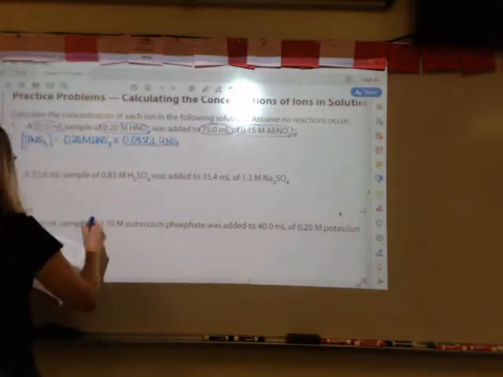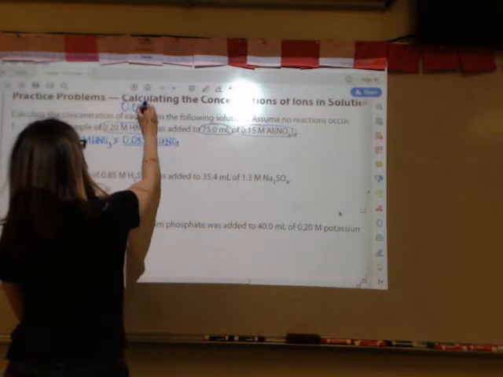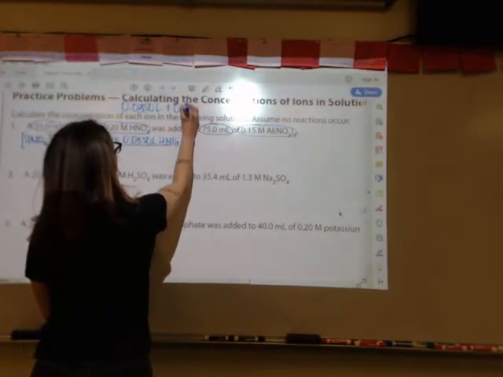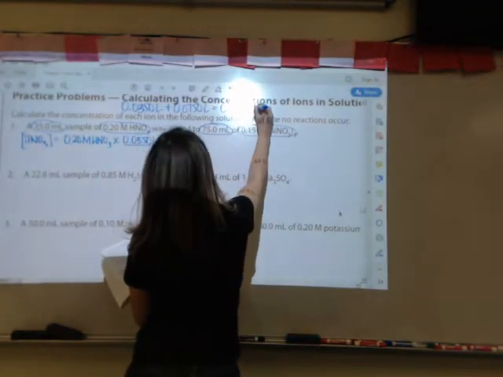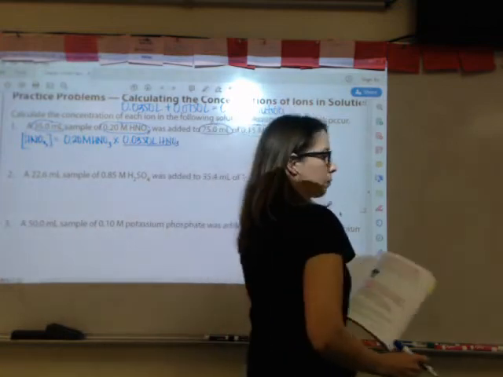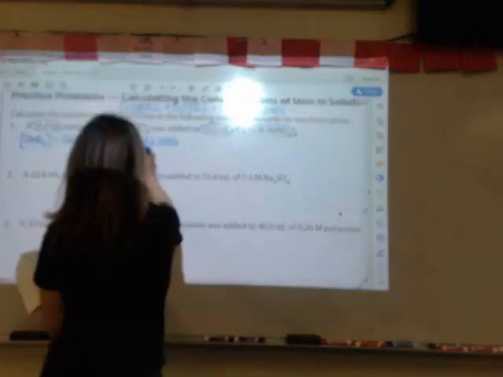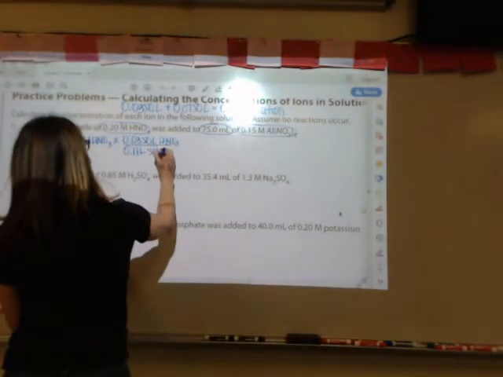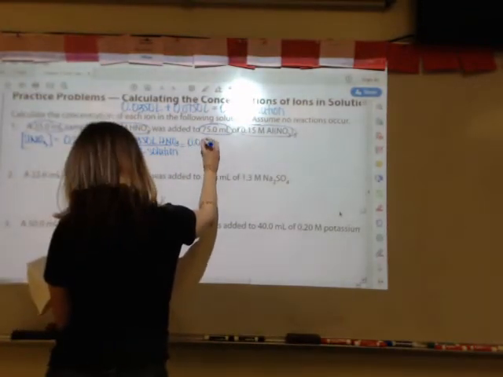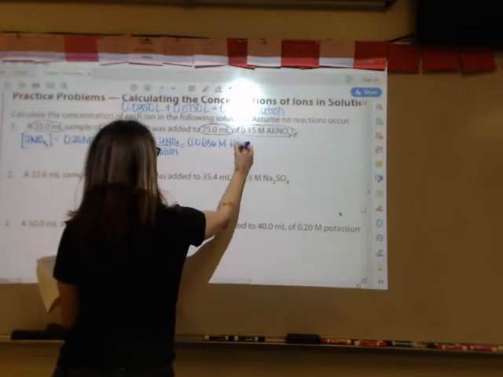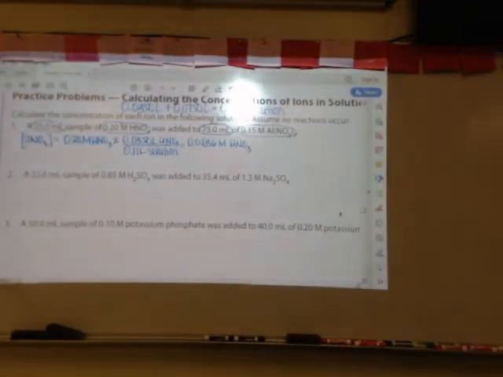Divide that by the volume of the solution, which you get by combining your 35 mils in liters plus this 0.0750 liters, which is going to give you 0.11 liters of solution. So you're going to take that total volume and you will put it here. And that will give you 0.0636 molarity for your HNO3 after the dilution, okay?